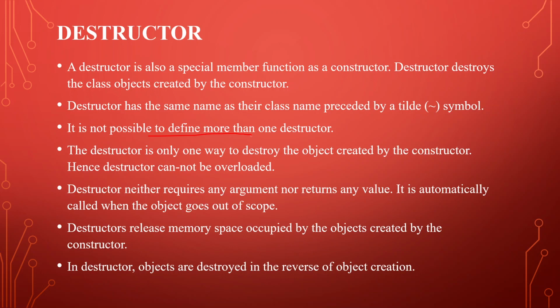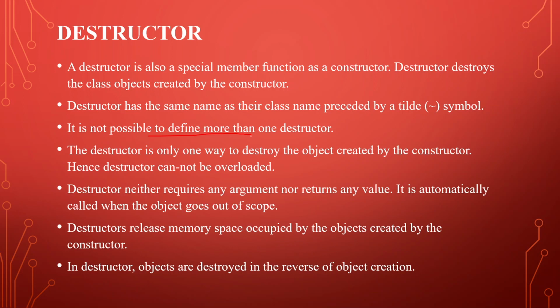It can be n number of objects, so n number of times that function will get invoked automatically. We don't want to call that destructor function from anywhere else. It will get invoked automatically when the program execution has been completed. At the end of the program execution, this destructor will get invoked automatically.